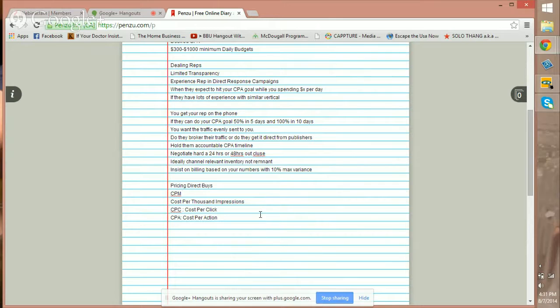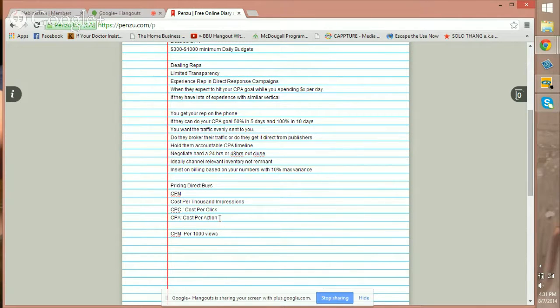Typically they use CPM, but depending on where you're placing your ads, people are going to focus on whatever. So CPM, that's the typical one. That's calculated per thousand impressions. Impressions are people who just saw your ad. It doesn't matter whether they interacted with it or not.